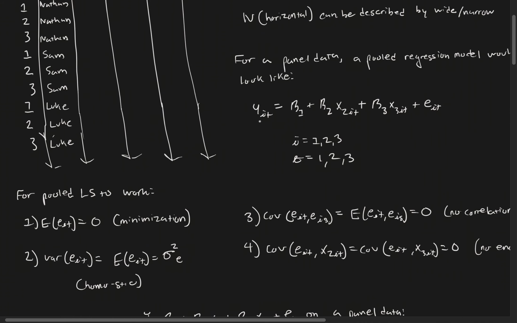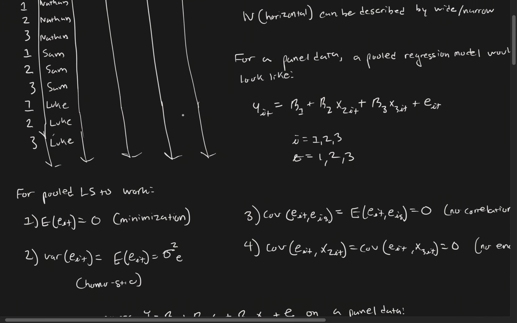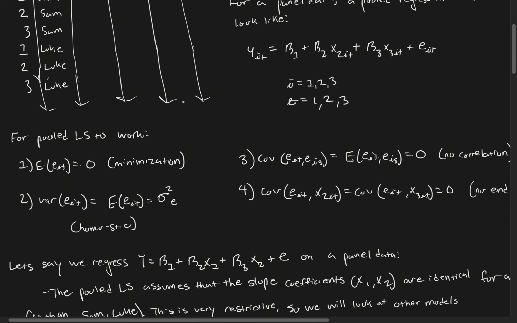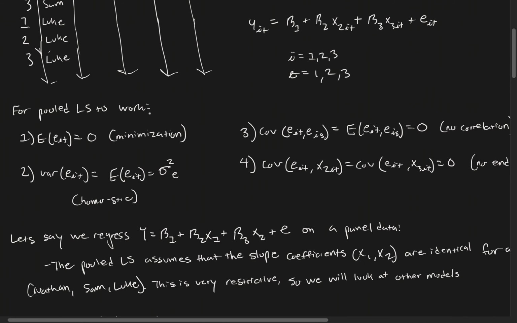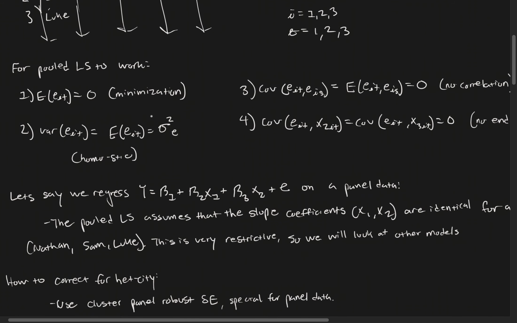All right. So for the panel data stuff to work, we have to make assumptions. So for the pooled least squares to work, we have to be able to minimize the errors. The expectation of errors must be 0.